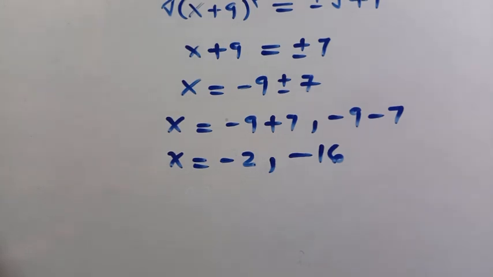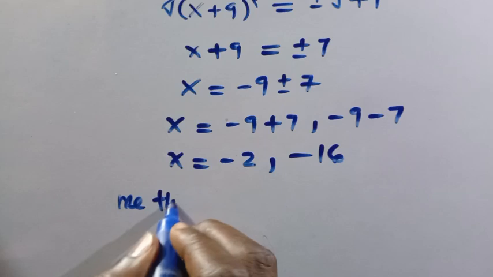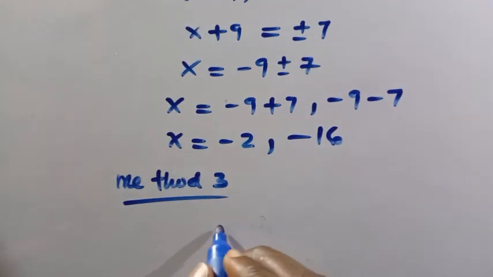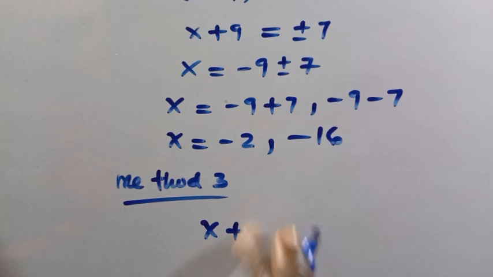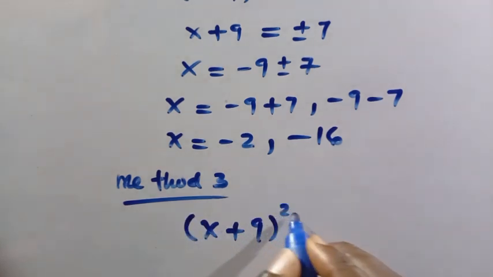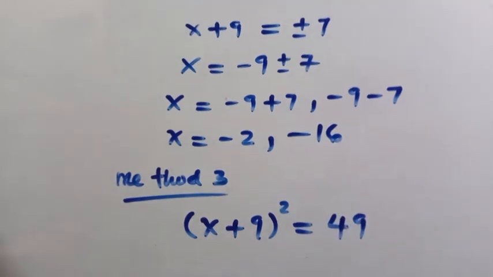And let's see the last method, after which we are going to conclude which one is more effective for these questions. So we consider method 3. The question says (x + 9)^2 = 49.